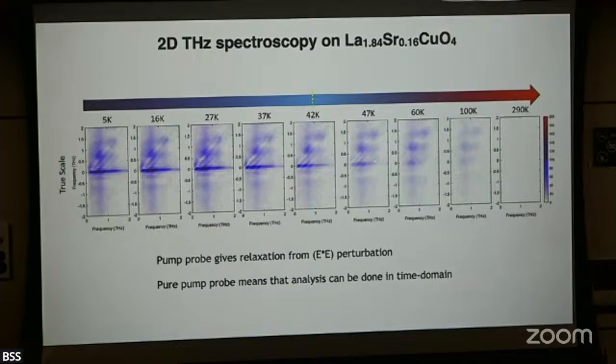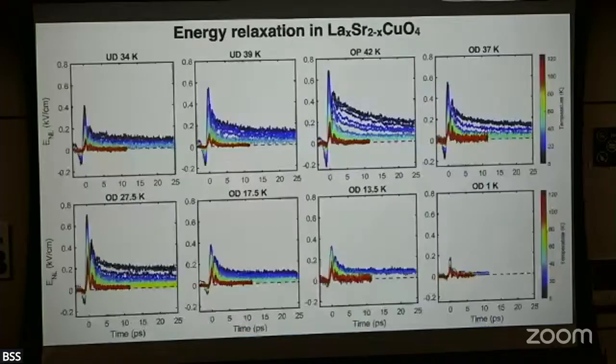Interestingly, there is some stuff out here off the horizontal, and with our scheme we understand that should correspond to finite frequency excitations. That shouldn't exist in a simple metal. So there may be some interesting physics out in this rephasing and non-rephasing responses, but we just haven't thought about it yet. We're mostly concentrating on the pump probe response, which we can analyze in the time domain.